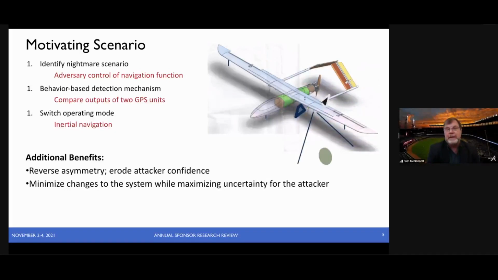In this case, there were 2 GPS units on this platform, one associated with the inertial system, one associated with sensor systems in the space.